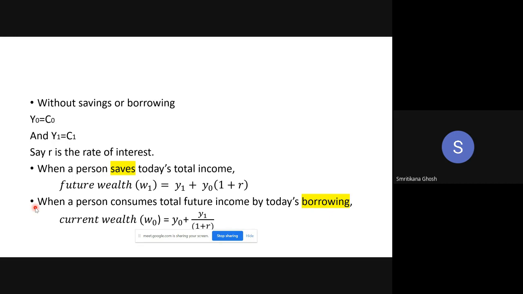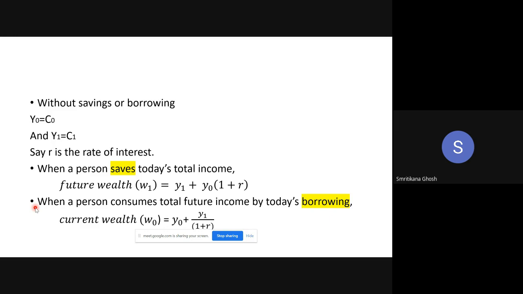Again, this is an extreme situation. Tomorrow, you will not consume anything. So what will you do tomorrow? Tomorrow, you have to repay the borrowing which you have done today. So what is the amount of money you can borrow today so that you can repay this borrowing by your tomorrow's income?